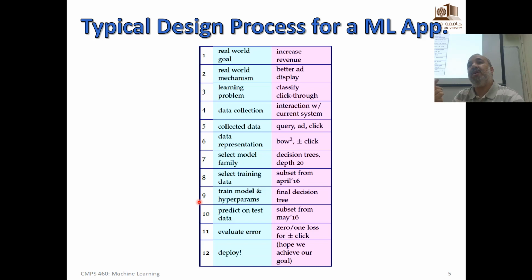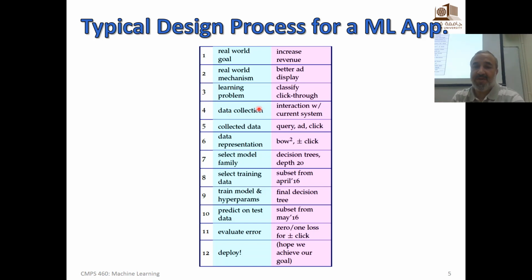So if I can guess that the user will click on that specific ad, which means that the ad is relevant to the query, then I would display it. Okay, that was the idea. So we started then, after defining the learning problem, by collecting the data. So the data, we have a search engine company, so we have users that interact with the system and click and not click, so we can collect the information from that.